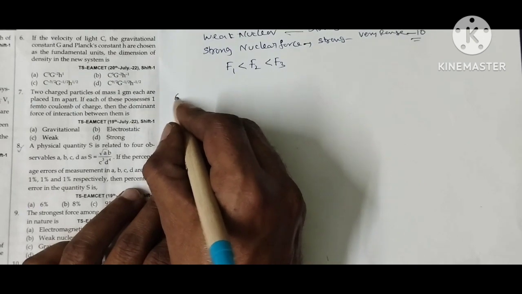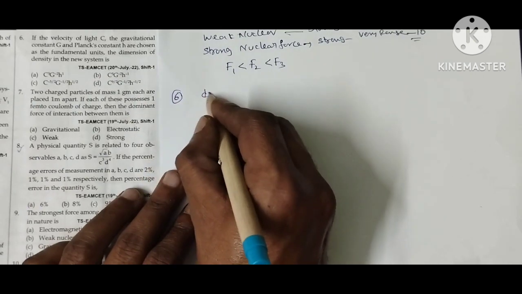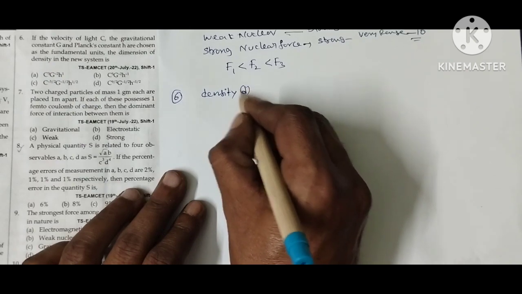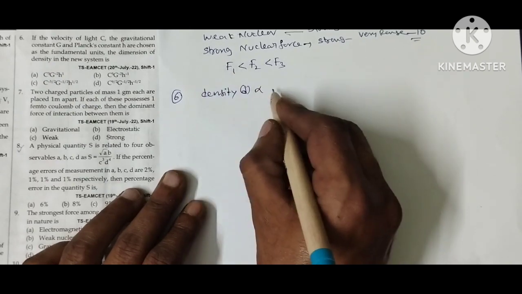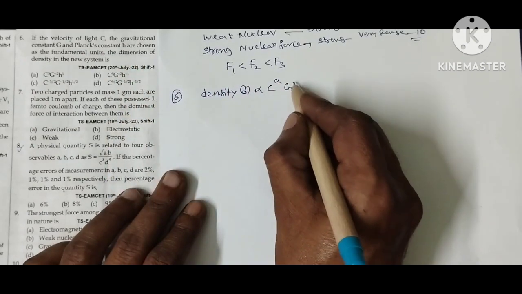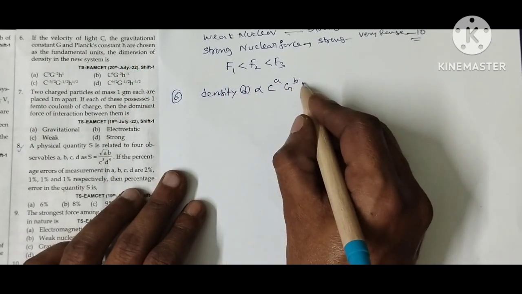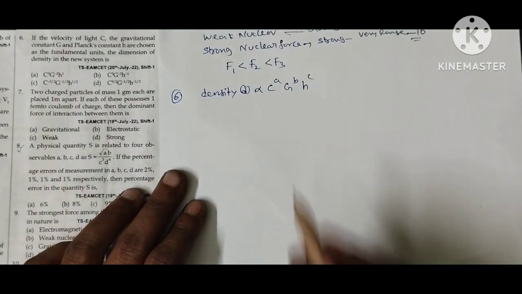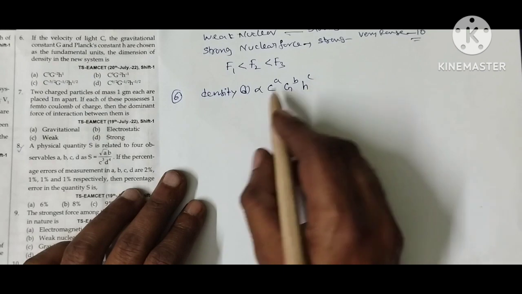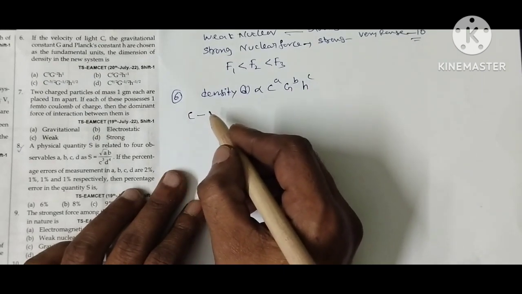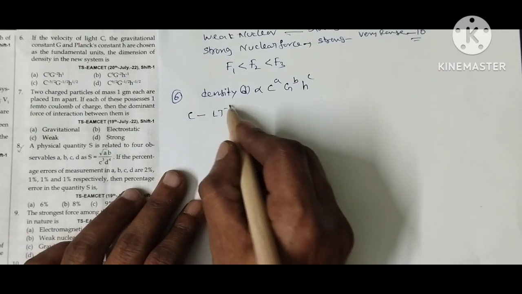So the sixth one, density. Density, you can say rho or d, is proportional to the velocity of light c power a, gravitational constant G power b, and Planck's constant h power c. These are the given values. So you have to know the formulas. As usual, the dimension formula of the velocity of light is L T power minus 1.